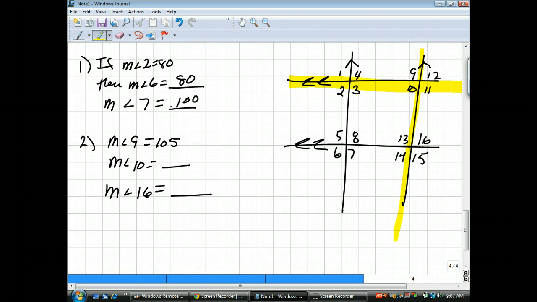Then angle 9 and angle 10 are a linear pair. So if angle 9 is 105, then 180 minus 105 is 75.